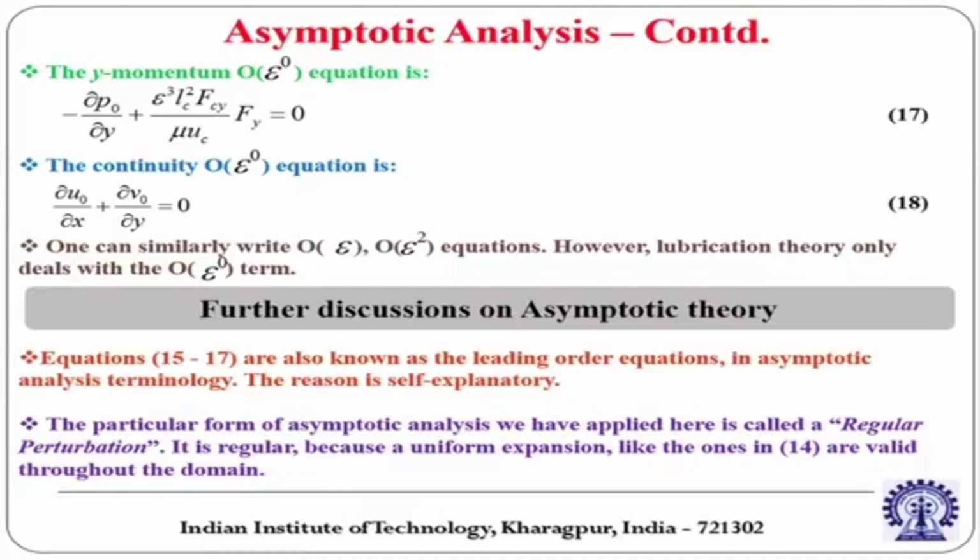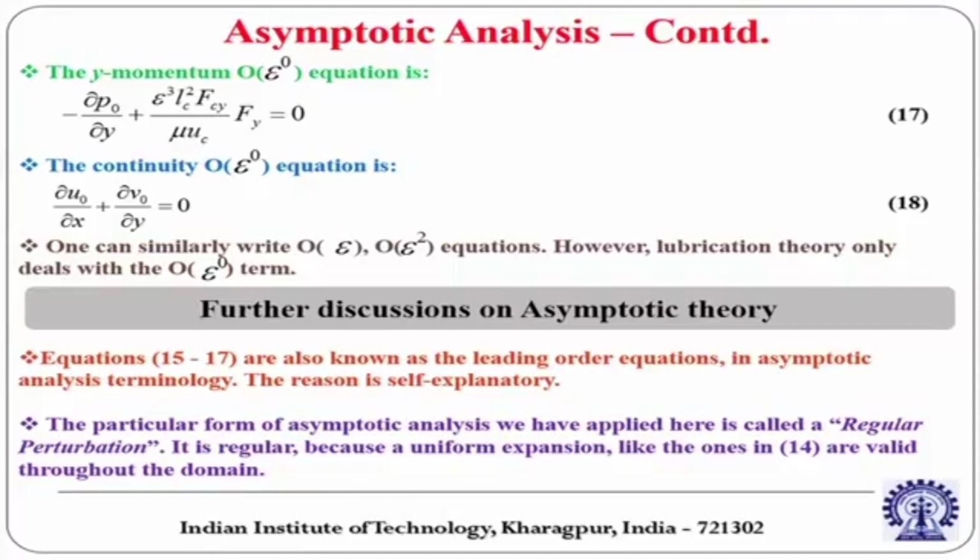This is some note on the asymptotic analysis. The particular form of the asymptotic analysis that we have applied here is called regular perturbation. There are different types of perturbations which are possible; this is called regular perturbation.